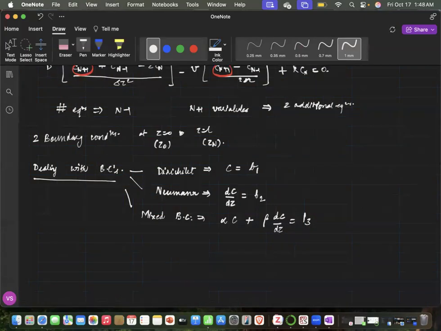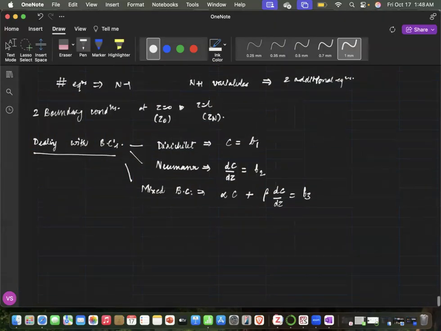So something like this could be a mixed boundary condition. We'll see how to deal with the Dirichlet and Neumann boundary conditions, and then you will automatically know how to deal with the mixed boundary condition.